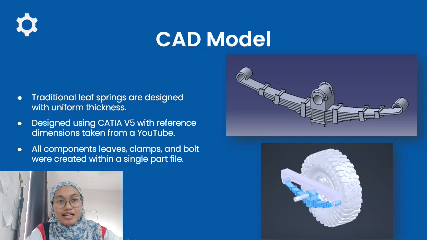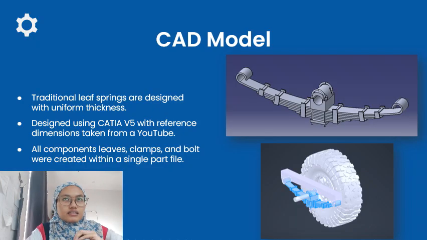Then, we designed the leaf spring from scratch using CATIA software, and for the dimensions we referred to a YouTube tutorial. It was observed that the CATIA YouTube tutorial and the journal that we referred to have slightly different dimensions, since we don't have the exact detailed dimensions. That's why we referred to the YouTube tutorial.